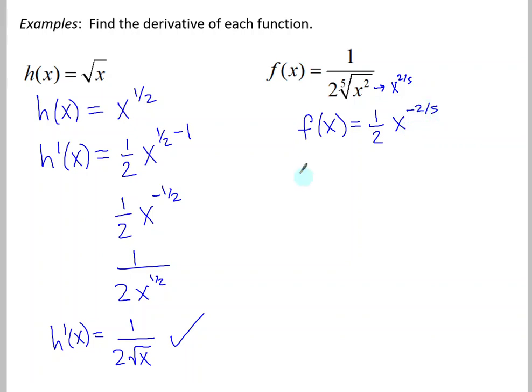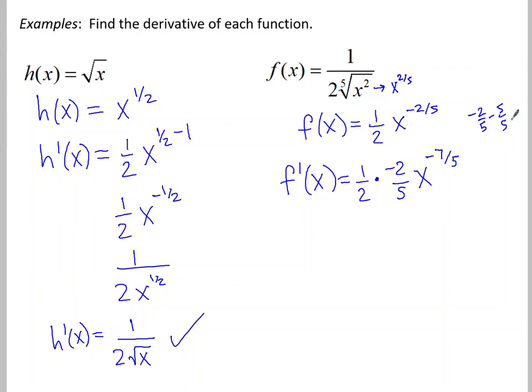Now I can use my power rule for rational exponents. F prime of x equals 1/2, the constant multiple, times, multiply by the exponent, negative 2/5, and then subtract 1 from the exponent, negative 7/5. Negative 2/5 minus 5/5 is what we're doing. Negative 2/5 minus 1, and 1 is 5/5.